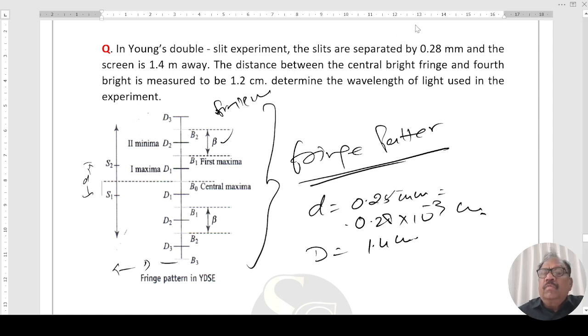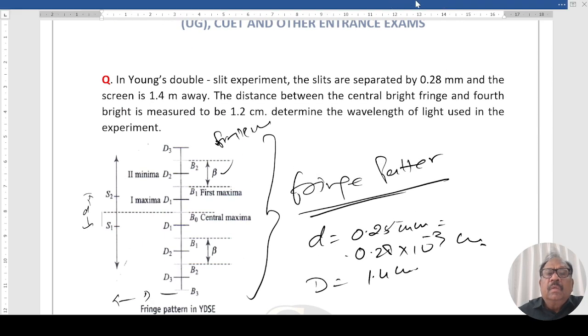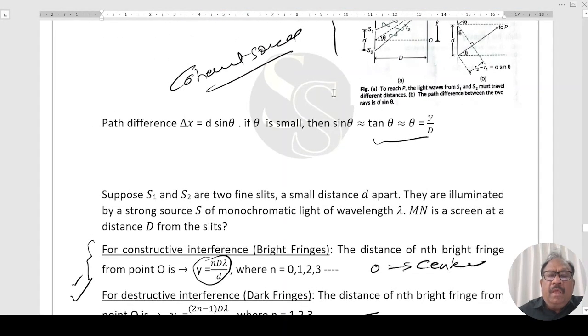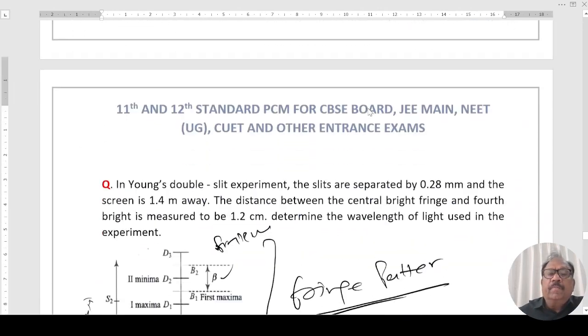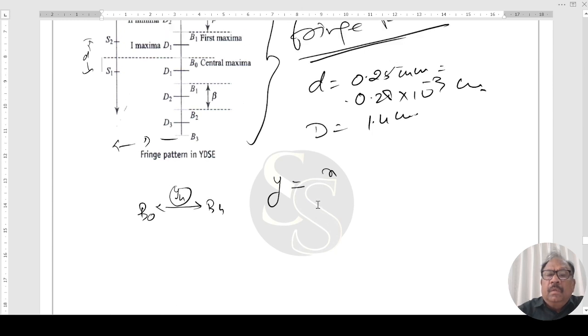The distance between the central bright fringe and the fourth bright fringe means you have to find the distance between B0 and B4, Y4 is needed. You know, distance of the nth bright fringe is equal to n lambda D upon d. I showed you this. n lambda D upon small d. So substituting the values, you have to find this.